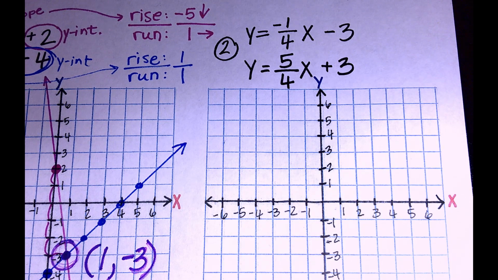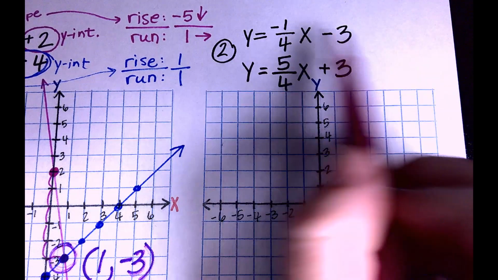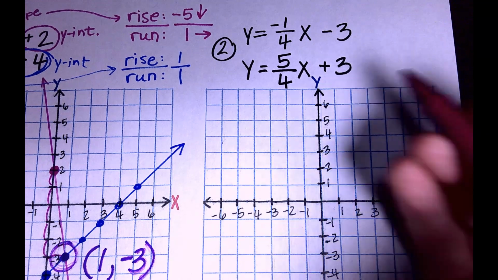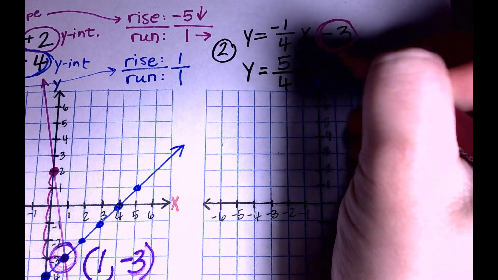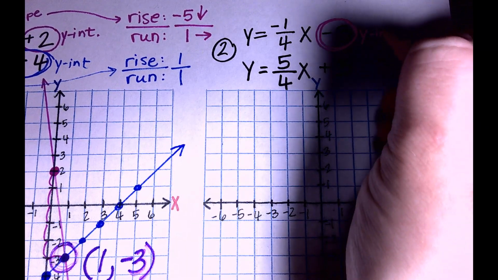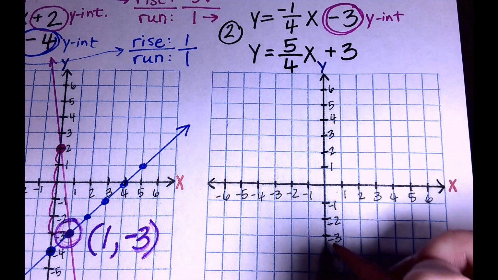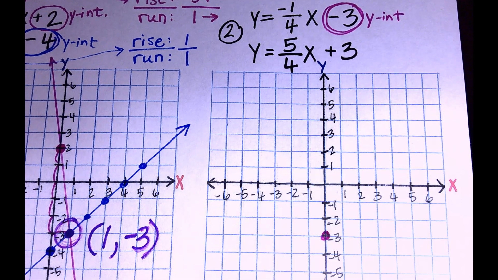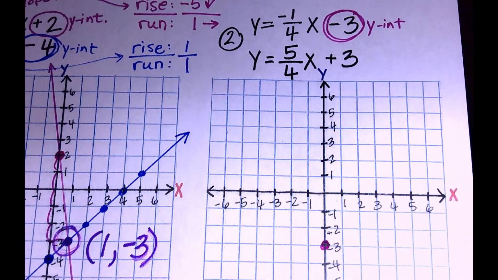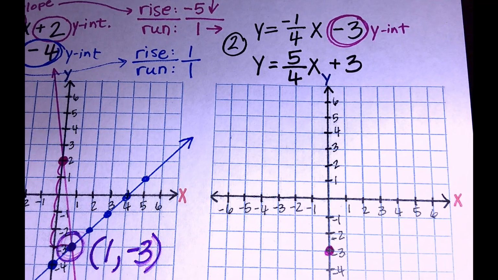So where do I start for my first line? Negative 3. That's my y-intercept. So I'm going to go to negative 3 on the y-axis. Okay. Where do I go next?